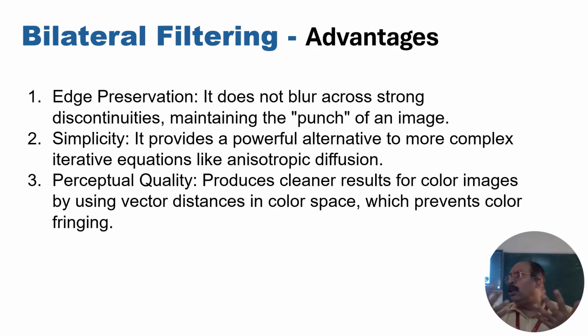In the range kernel, we are comparing the similarity in color or intensity value with the other neighboring pixels. So this is the advantage, and this is why we have better quality images coming out of bilateral filtering.